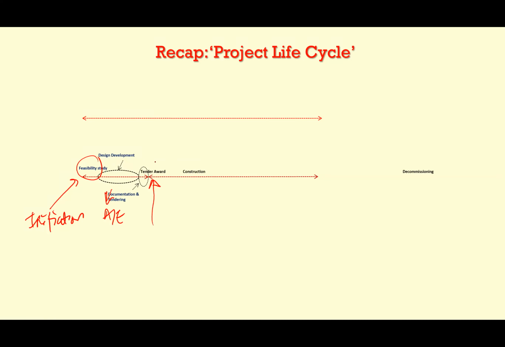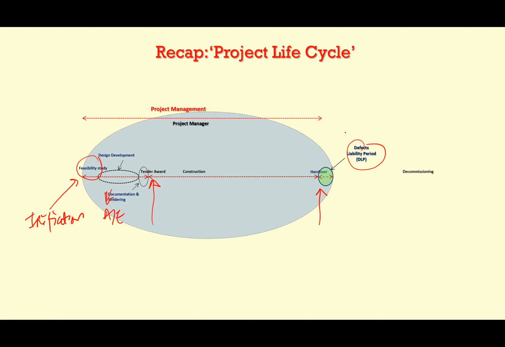After the tender is awarded, construction will start within a short period of time. Then construction goes on until the project is handed over to the client, and after the handover, the defect liability period starts. Okay, so the big cycle there, this is what we call project management.